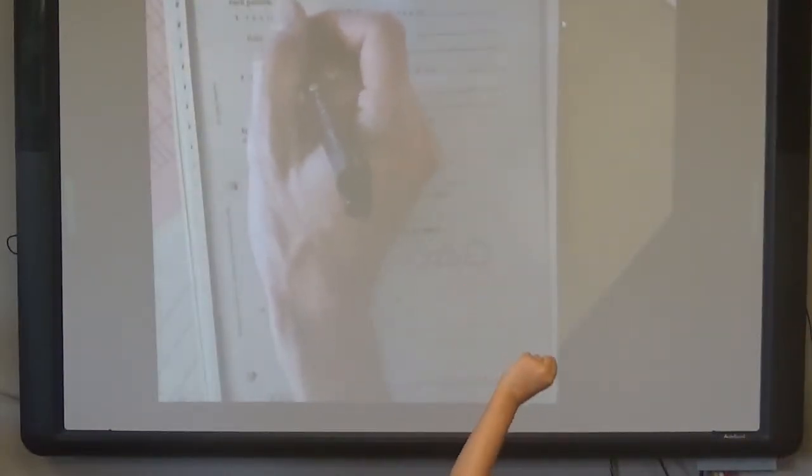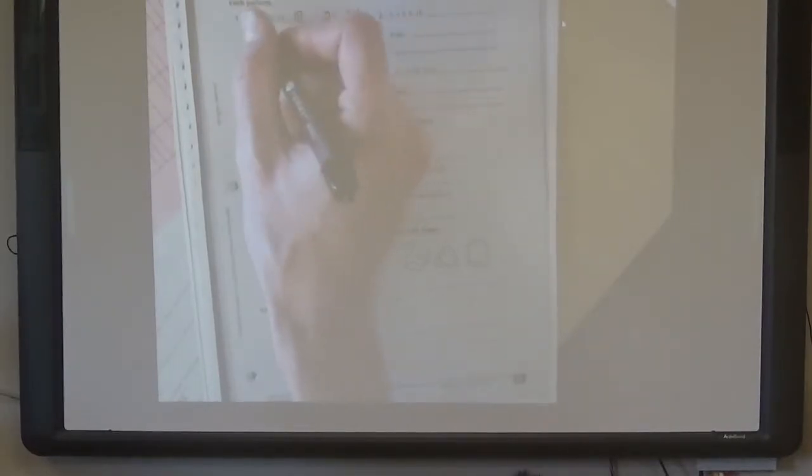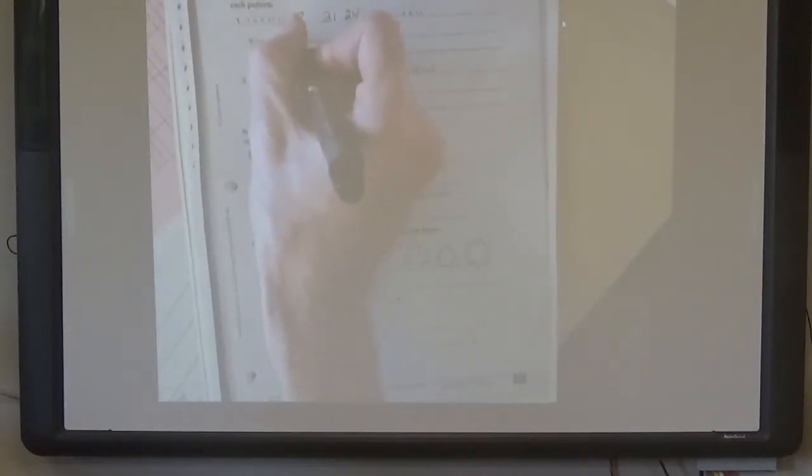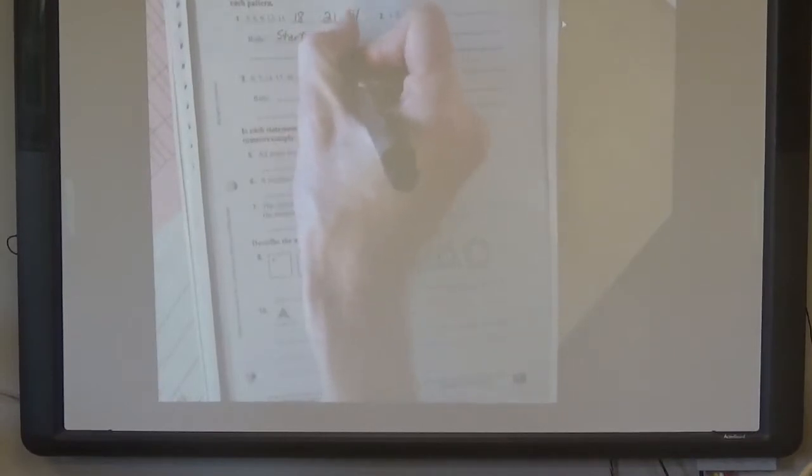And then you can write your rule. So, when you're writing a rule, everybody pay attention to this, you have to tell what number you're starting with. If you say you're going to add 3, you have to say what you are going to add 3 to. Your pattern has to start with a number.